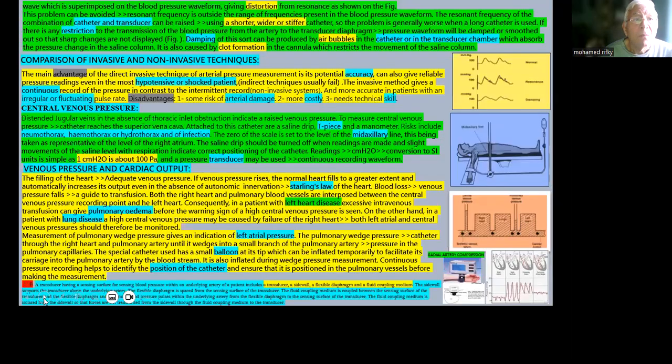This you ought to know: a short, wider, or stiffer cannula to assure that there is no interference or superimposition on the pulse pressure wave.